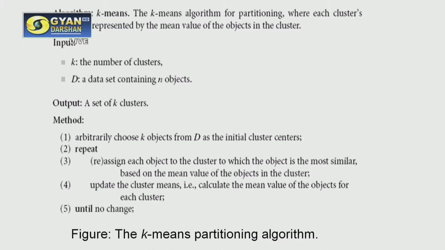So how exactly is our machine going to perform these activities? The method goes like this. Arbitrarily, we choose k objects from the data set D as the initial clustering centers, right? So based on the initial clustering centers, we randomly choose this k value. And then we repeat the following operation.